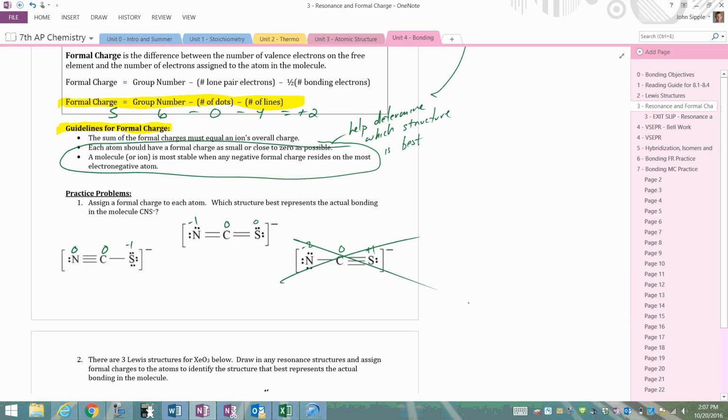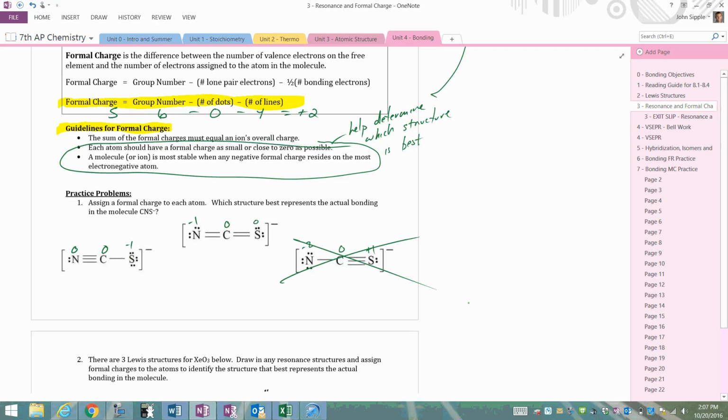They've got zeros here, looking pretty good. Now we want to check to make sure our negative formal charge is on the most electronegative element. Between sulfur and nitrogen, who is the most electronegative? Who's closest to fluorine? Sulfur is. Whoever's closest to fluorine.